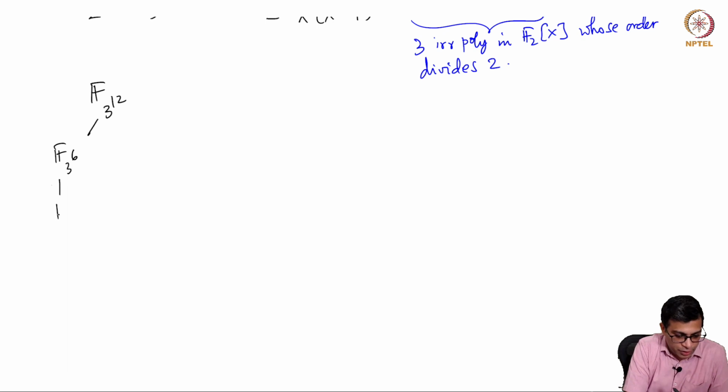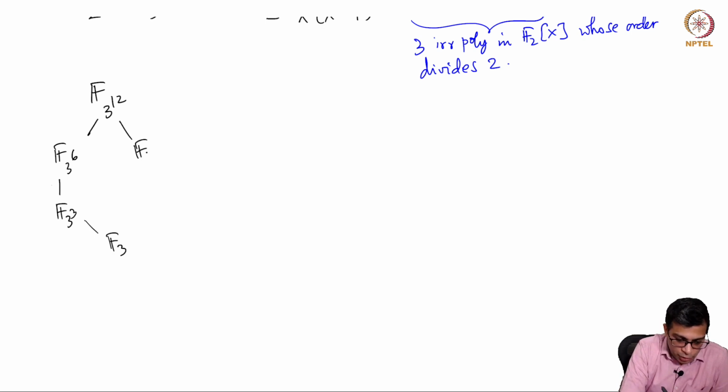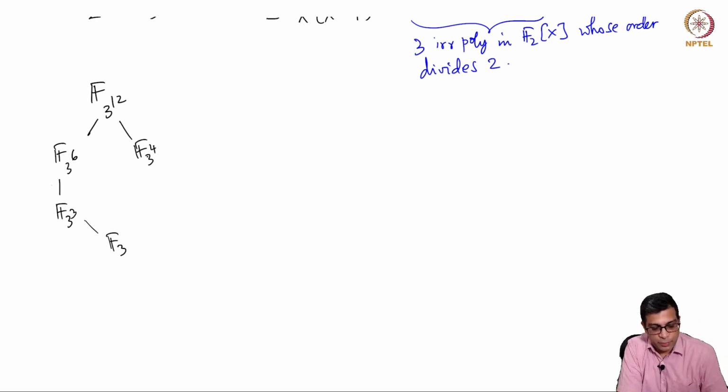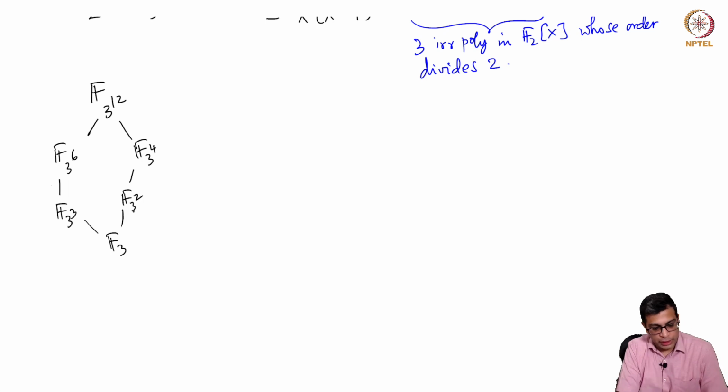It contains a field of order 3 power 3, and this contains F3. On the other hand, you also have F3 power 4, but there is no relation between F3 power 6 and F3 power 4, because 4 does not divide 6.